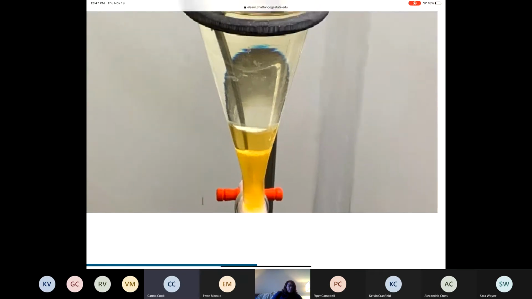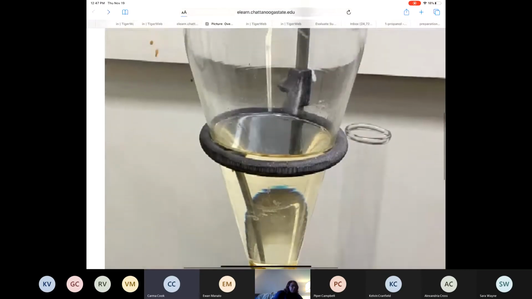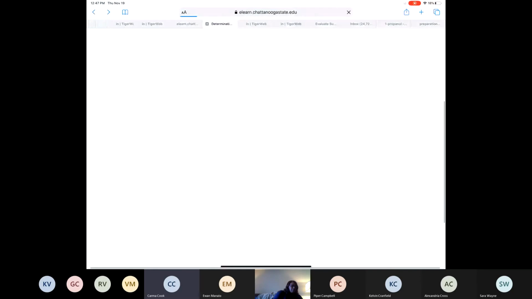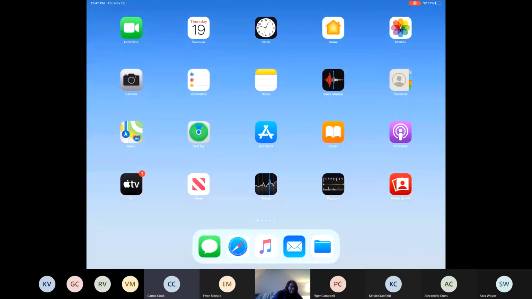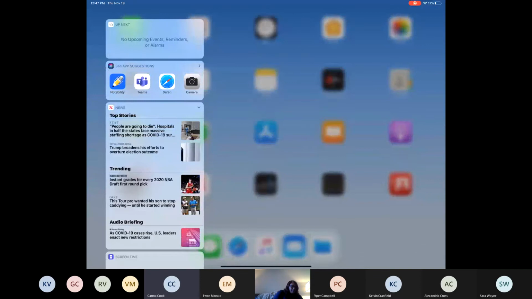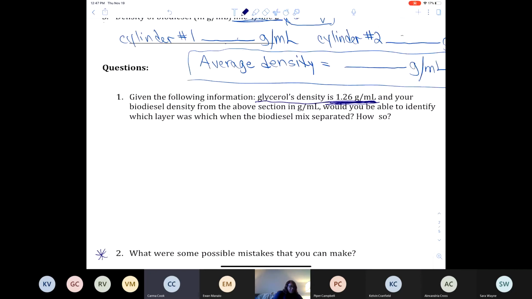And the biodiesel with the lower density should have been my top layer. So yes, your density determination of close to 0.9 grams per mil makes sense, because the biodiesel's density should have been less than that of glycerol because glycerol is heavier. So that's how you would approach answering question 1.